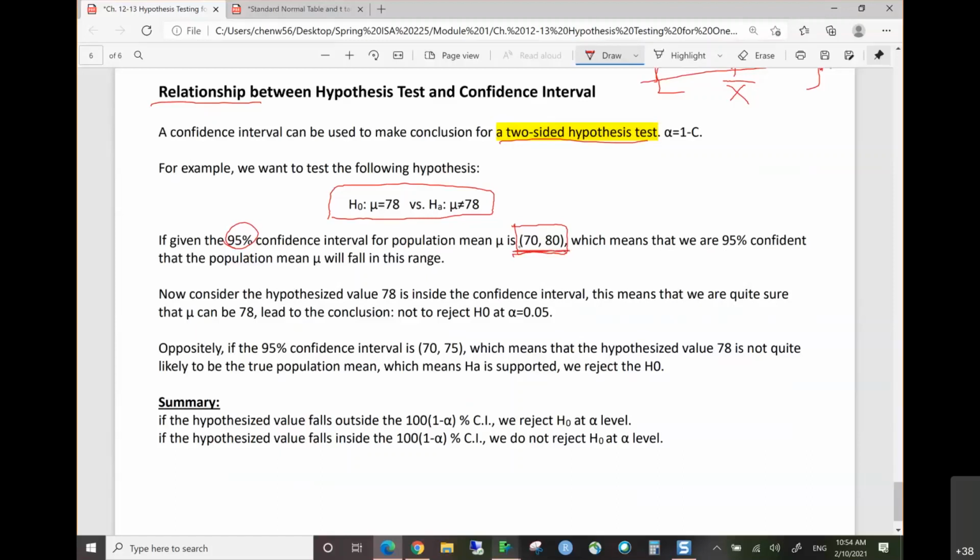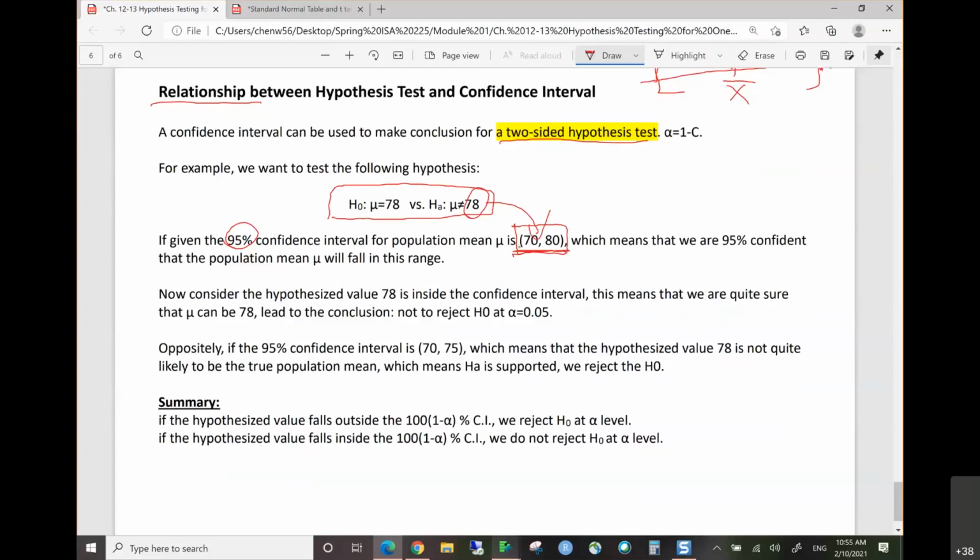We say we are 95% confident that the population mean will fall in this range, right? So that means the population mean can be 78 or cannot be 78. Can be, right? Because this 78 is inside this confidence interval, right? So 78 is one option for the population mean, right?